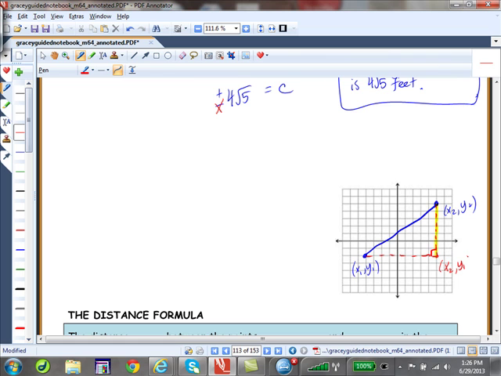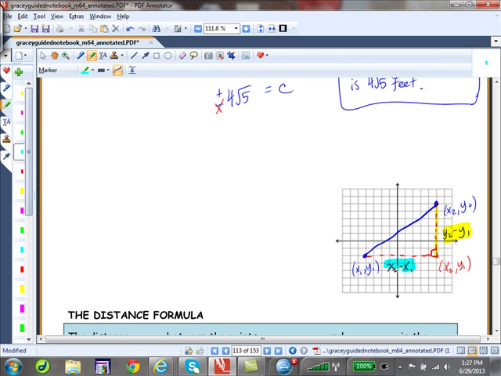So the length here is going to be the change in the y values. I'll do it in black: y2 minus y1 is that yellow length. And over here, do you see the difference between these x values is going to be x2 minus x1. We'll do that one in blue.